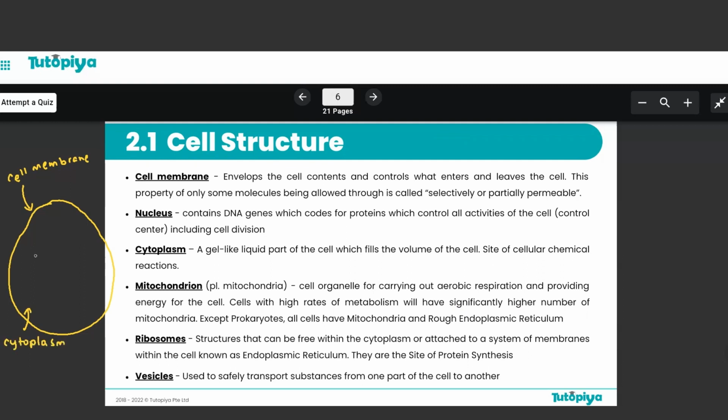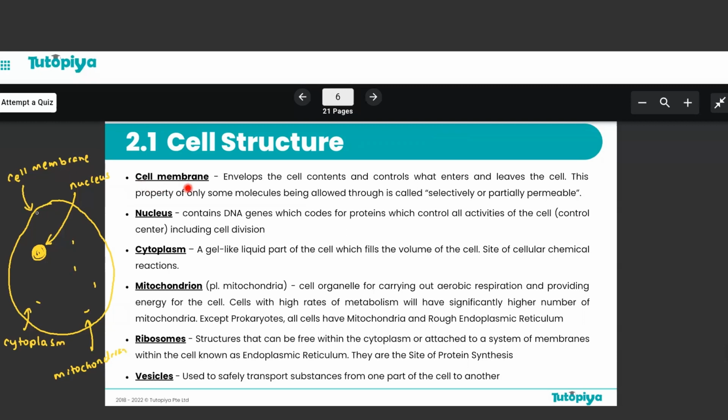And then there is this distinct, prominent organelle over here, which is called the nucleus. And there are other structures within the cell, one of which is a mitochondrion. All right, so let's talk about these different structures. Let's start off with the cell membrane.